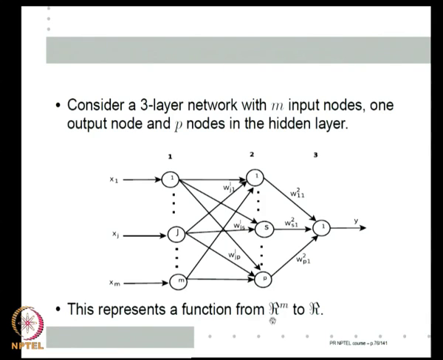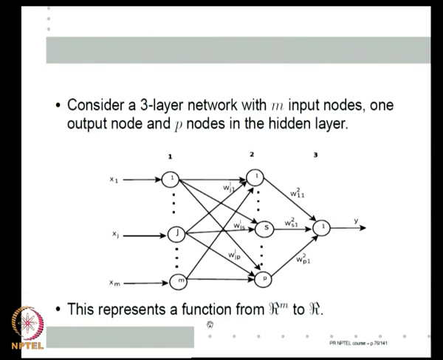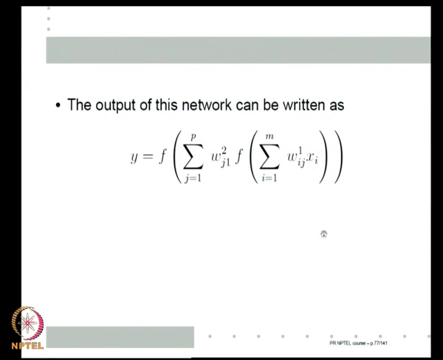So, let us write an explicit expression for this function. What will be the function? The output is this weight into this output plus this weight into this output, all added up and passed through the activation function. So, I can write that as f of summation j equal to 1 to p, as many as hidden nodes, w j 1 2.